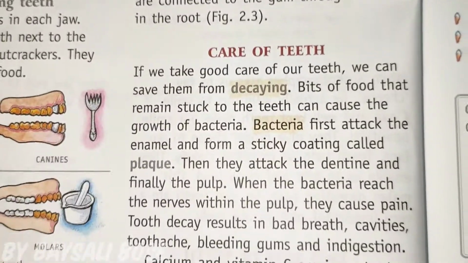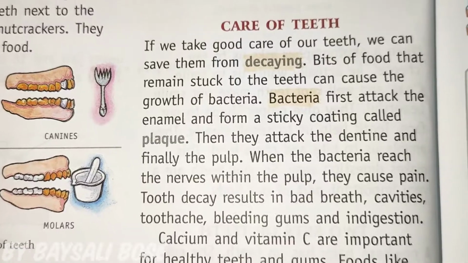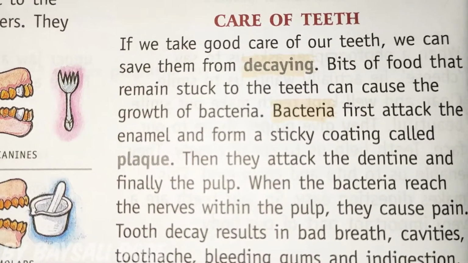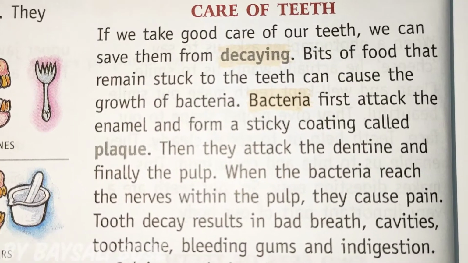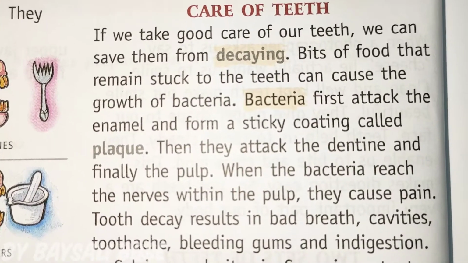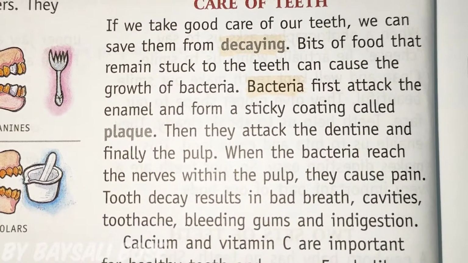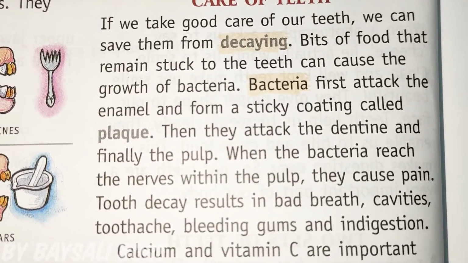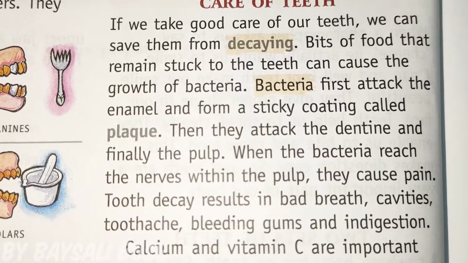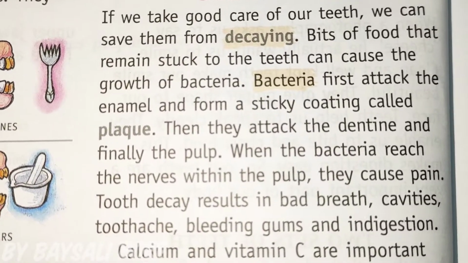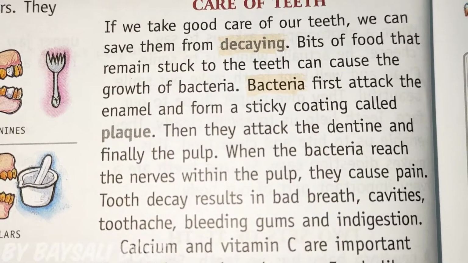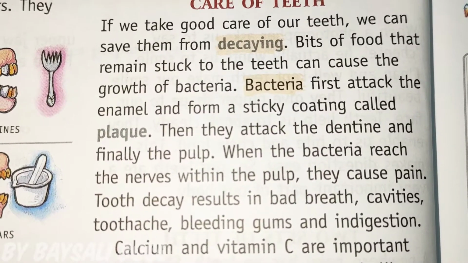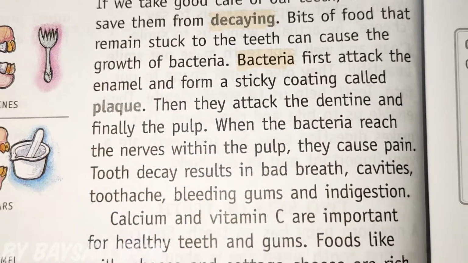Now we will read about how to take care of the teeth. If we take good care of our teeth, we can save them from decaying. Bits of food that remain stuck to the teeth can cause the growth of bacteria. So if the food remains in between your teeth, then there can be growth of bacteria.